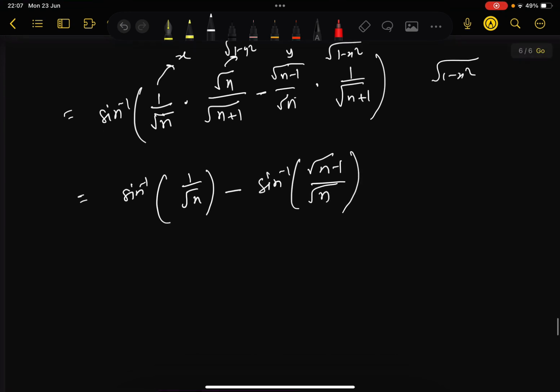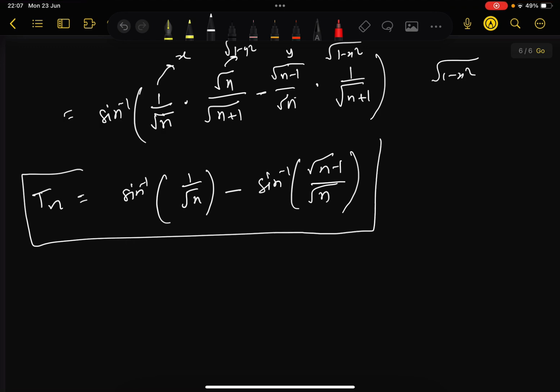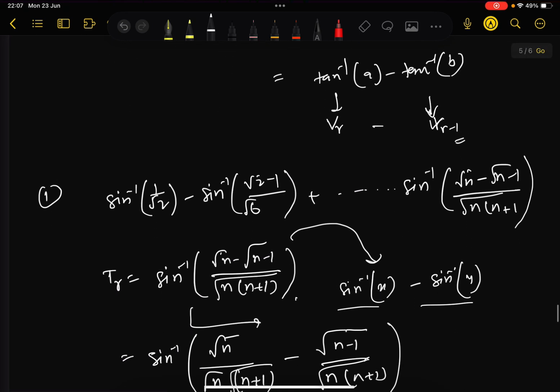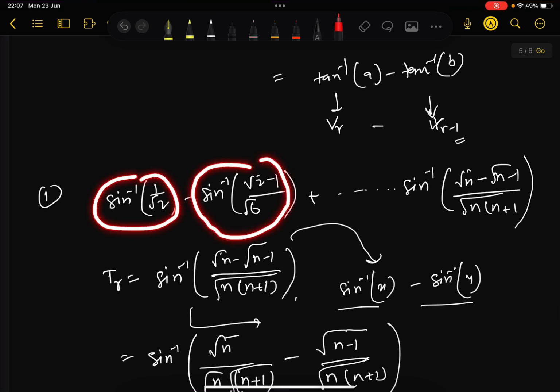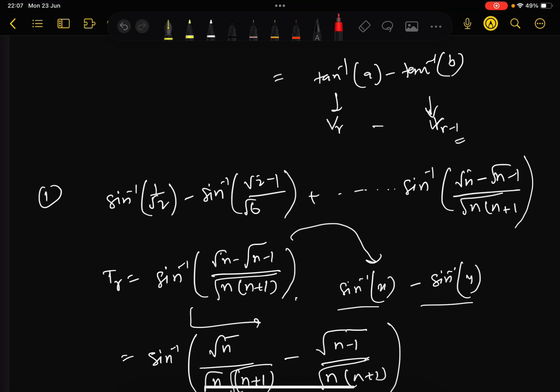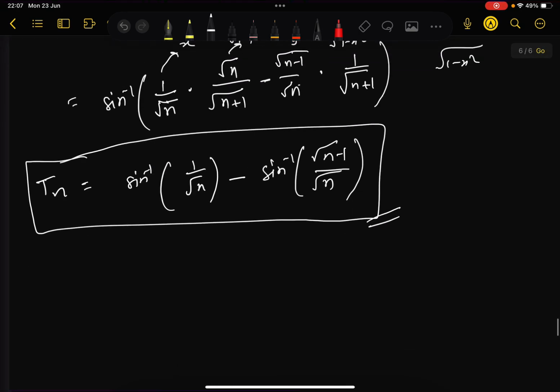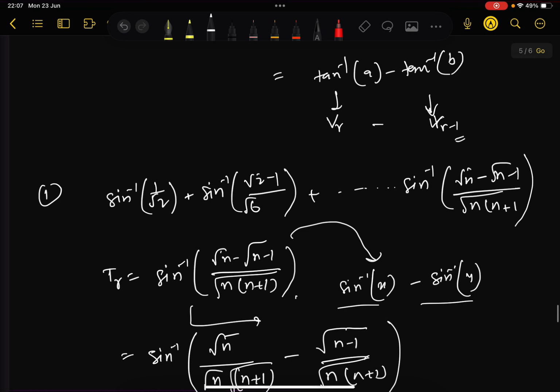This is our nth term, tn. Here it is given, this one is the first term, this one is the second term, right? And like this we have the nth term. So here it is given the summation of all these terms, with a plus here.